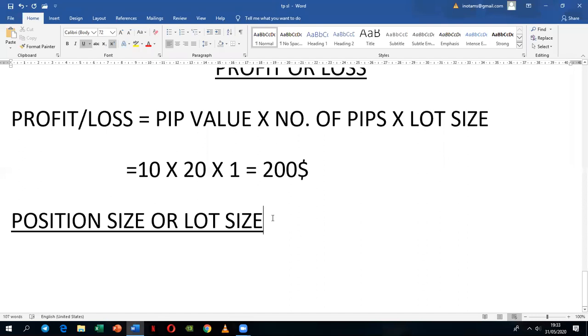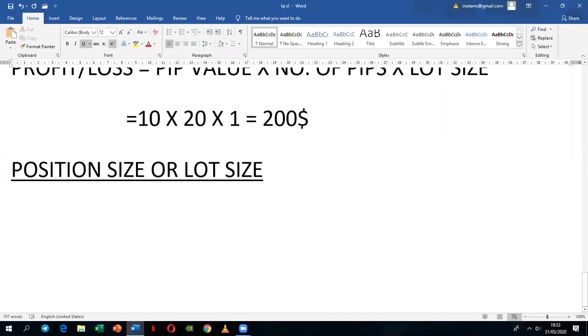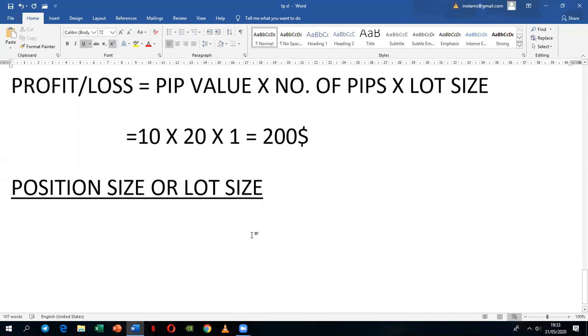I'm going to show you how you get the best lot size for your account, a lot size which is going to give you good risk, because good risk ensures that you stay longer in the market. Your account doesn't get blown there and then.